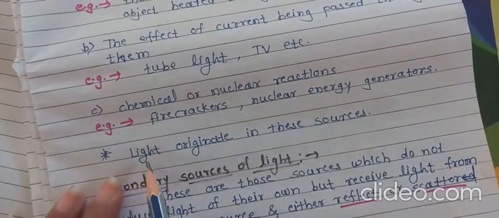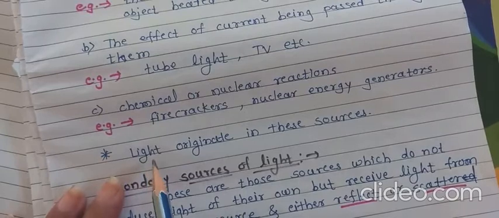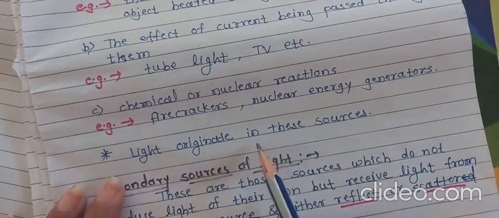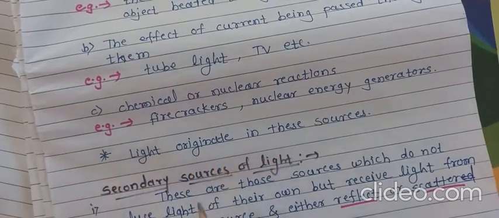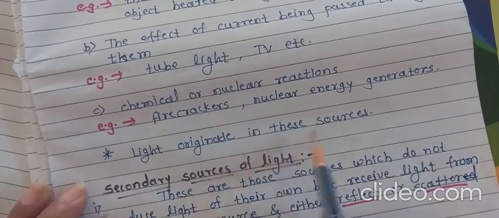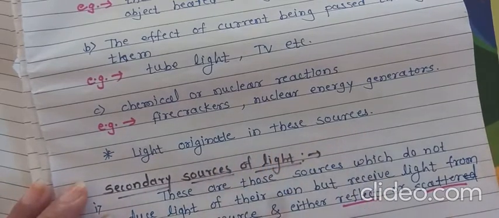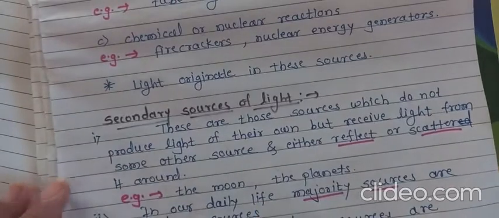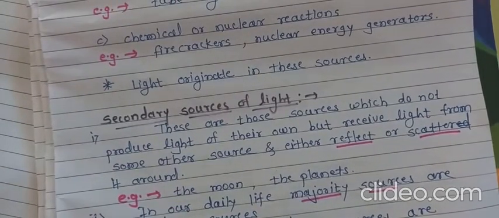Light originates in these primary sources. Secondary sources of light.